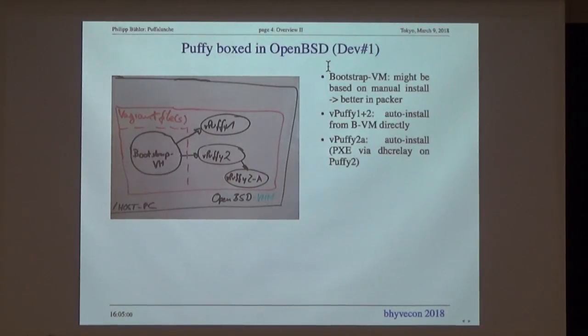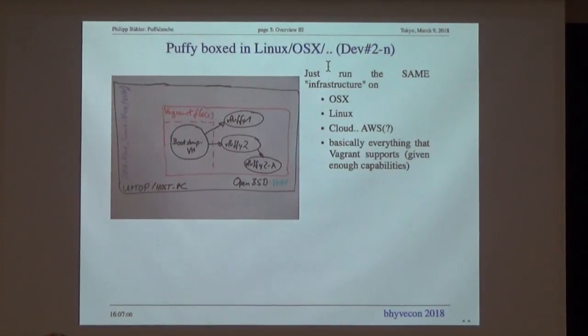The point being, that would be the developer number 1, like me, only working on an OpenBSD machine here. But as said, Vagrant has a nice feature that, given enough capabilities, other developers could run the same setup, for example, on that OS X laptop or a Debian machine or whatever.